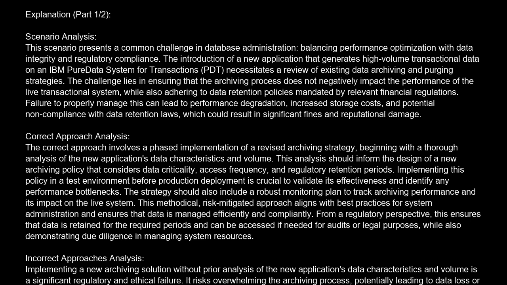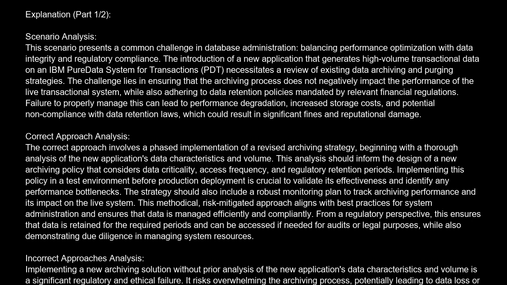The strategy should also include a robust monitoring plan to track archiving performance and its impact on the live system. This methodical, risk-mitigated approach aligns with best practices for system administration and ensures that data is managed efficiently and compliantly. From a regulatory perspective, this ensures that data is retained for the required periods and can be accessed if needed for audits or legal purposes, while also demonstrating due diligence in managing system resources.